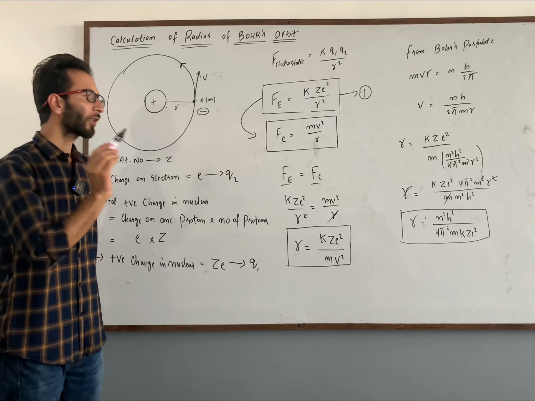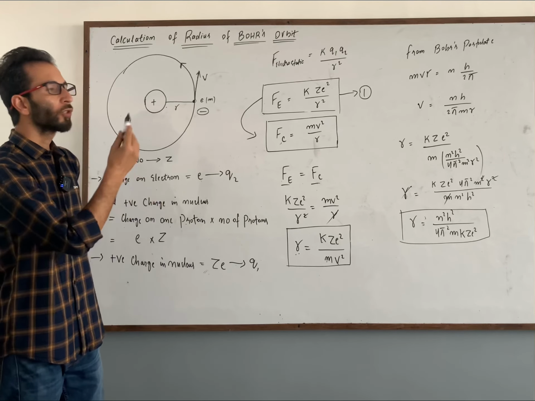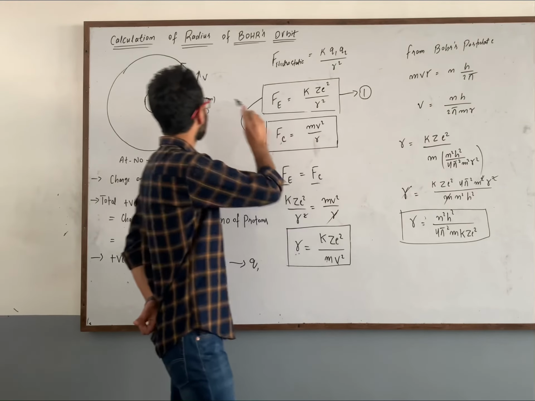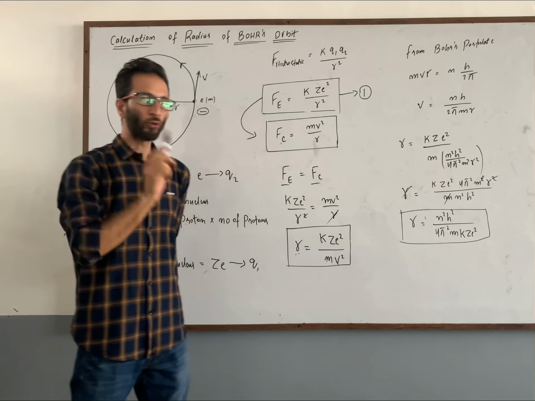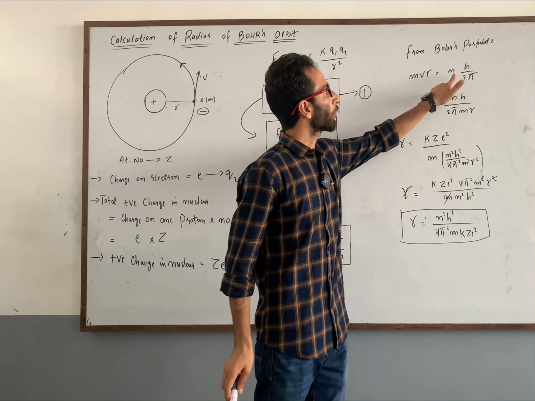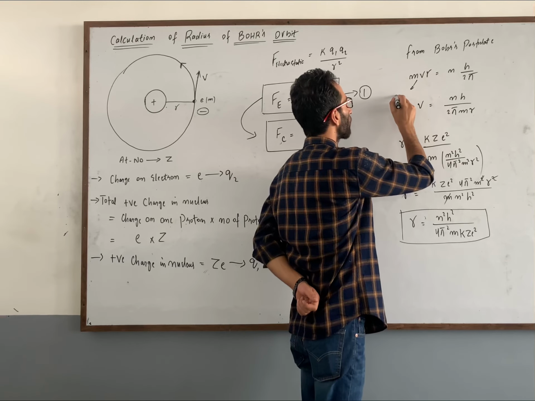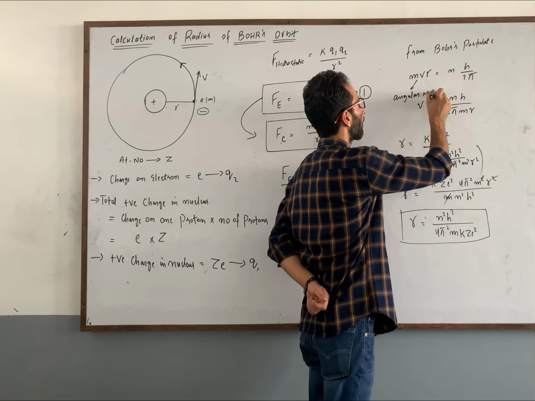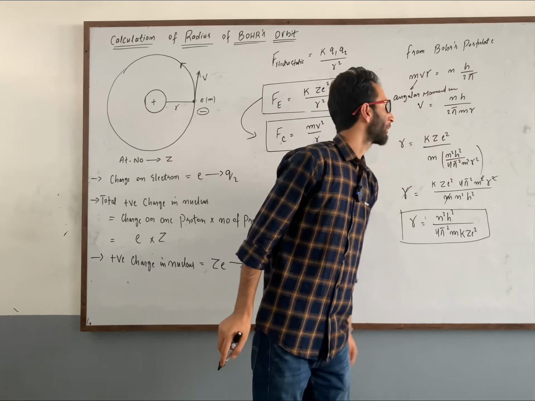If velocity is not given, we can compute this velocity from one of the important Bohr's postulates. The postulate says the angular momentum of an electron in any orbit will always be an integral multiple of h by 2 pi. Mathematically, we can write this postulate as m v r is equal to n times h by 2 pi, where m v r represents angular momentum and h represents Planck's constant.